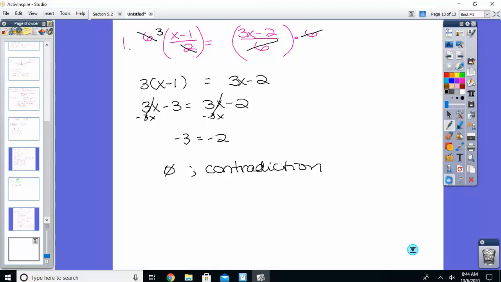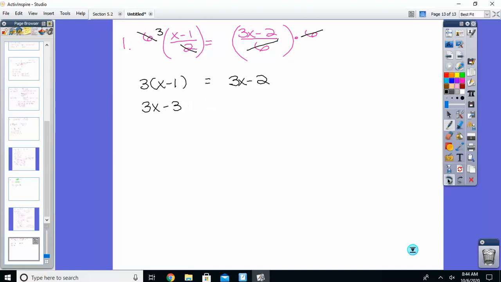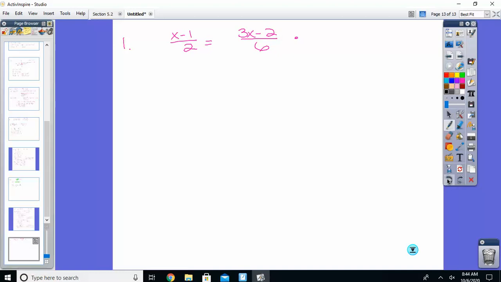Do we need to work through this one another way? If you hadn't multiplied by 6 first, what's another way you could have solved it? Could you just deal with the fractions? If you had to, this is like a 1x over 2, so that's a 1/2 x minus 1/2. 3 over 6 is a 1/2 x. 2 over 6 is 1/3.